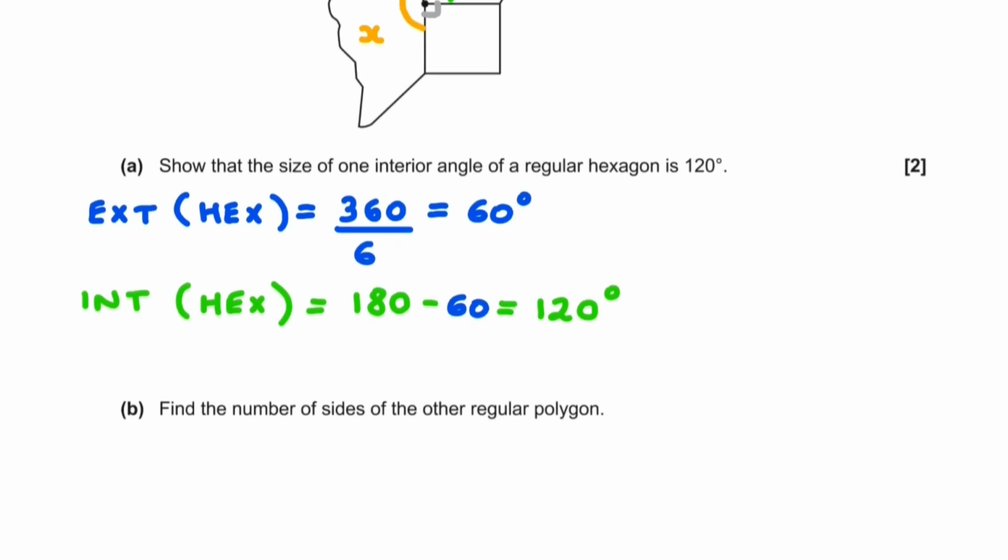So we have the angle x plus the 120 plus the 90 degrees, which is the square. This is all equal to 360.